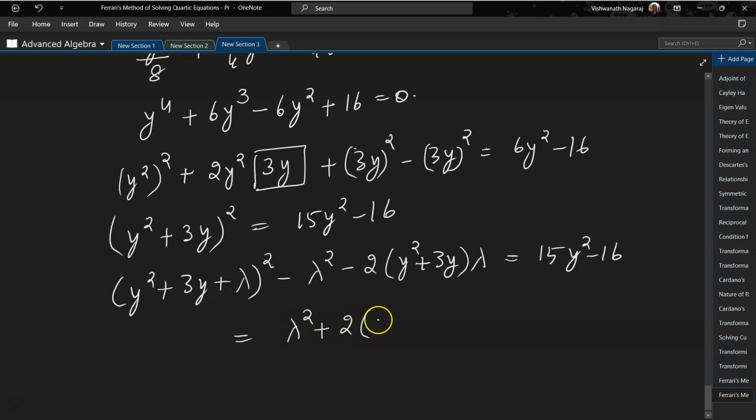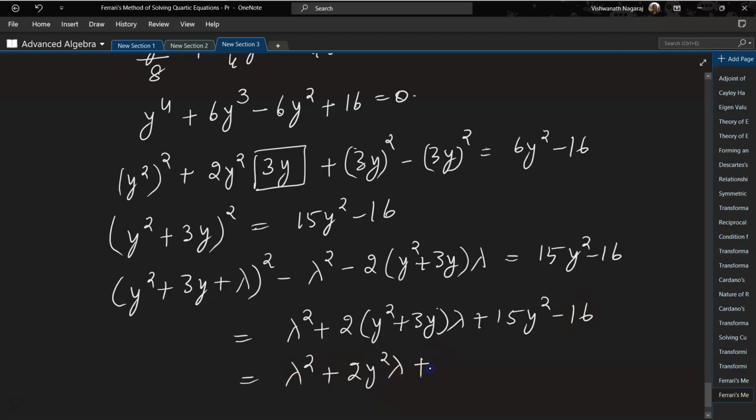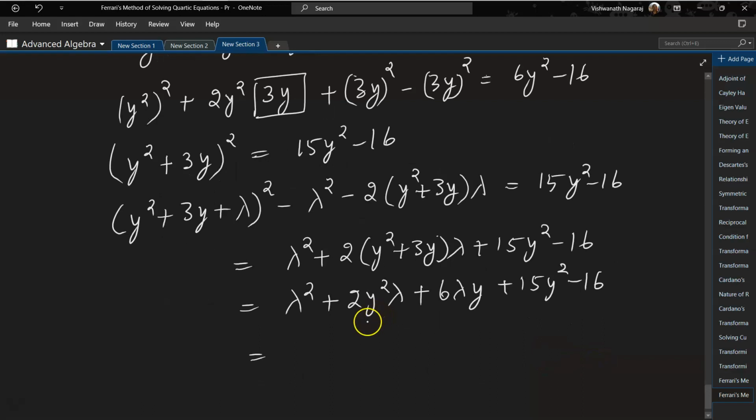This minus will become plus y² + 3yλ + 15y² − 60. Let's open it up. So plus 2yλ plus 6λy plus 15y² − 60, which is equal to, let's take y². So this becomes (2λ + 15)y² plus y. There is no other y, so 6λy + λ² − 60.